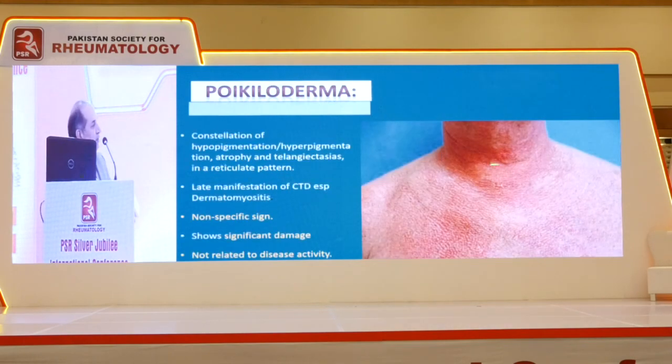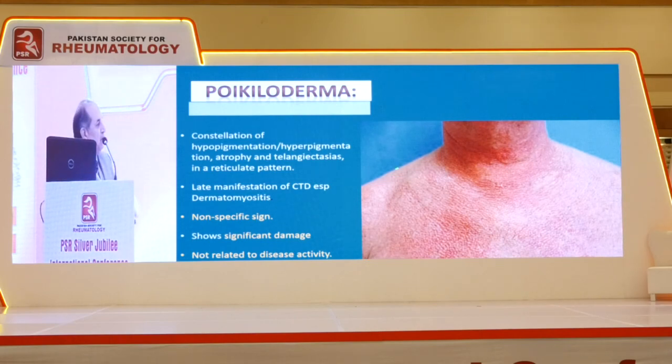Poikiloderma is basically when we see a constellation of reticulate hyperpigmentation, hypopigmentation, atrophy and telangiectasias in the skin. This may be seen over the neck and chest, and later on it may be widespread all over the body. This is seen both in lupus erythematosus and dermatomyositis, but mostly we have seen cases of dermatomyositis presenting to dermatologists with only widespread poikiloderma involving the whole body.